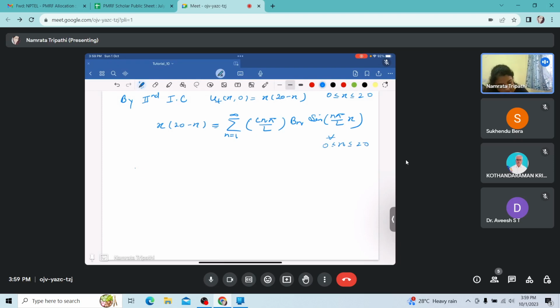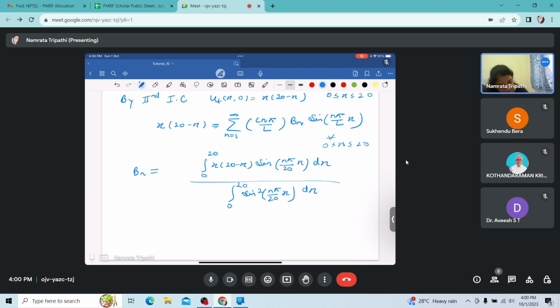So the value of bn is, with the help of the Fourier coefficient, integral 0 to 20 upon integral 0 to 20 sine square n pi upon 20 into x dx. Sorry, this is not L, this is 20.